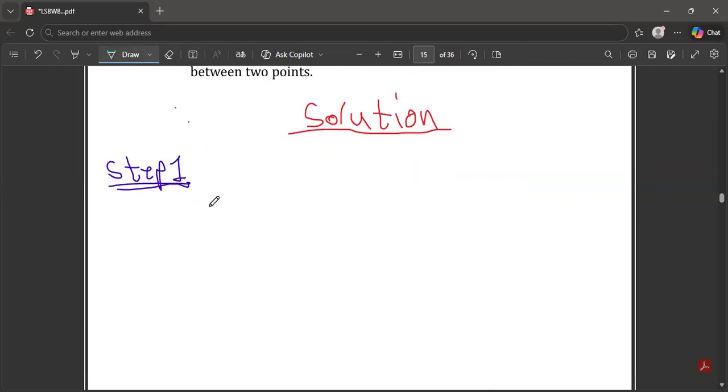So we know that our scale is equal to what? The map distance over the ground distance.